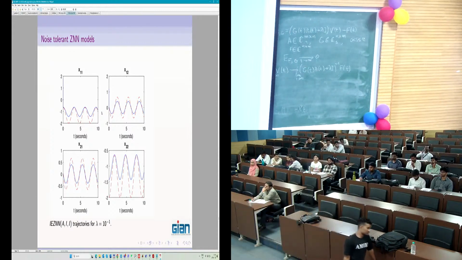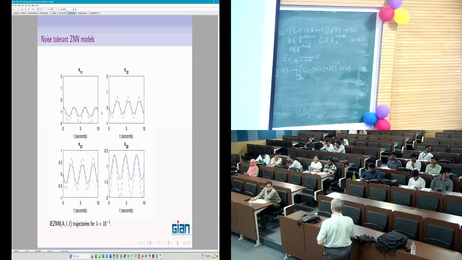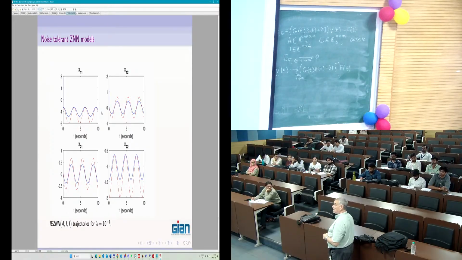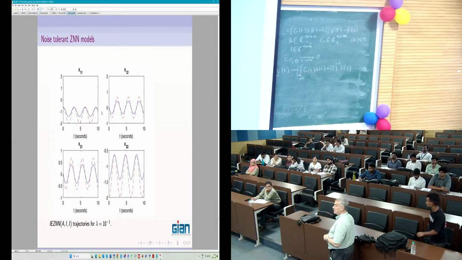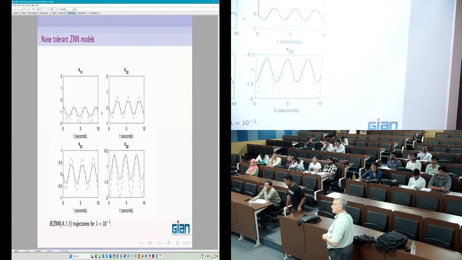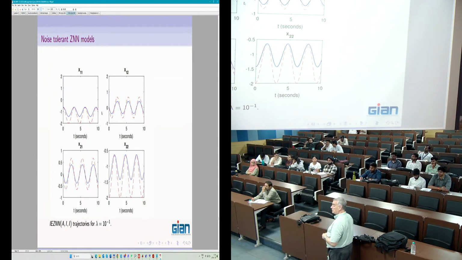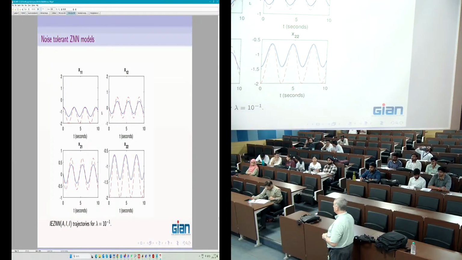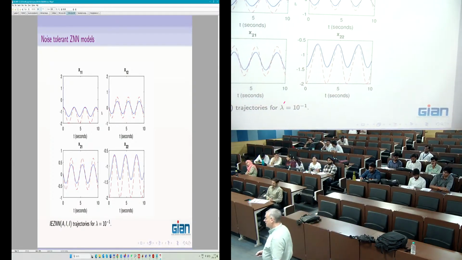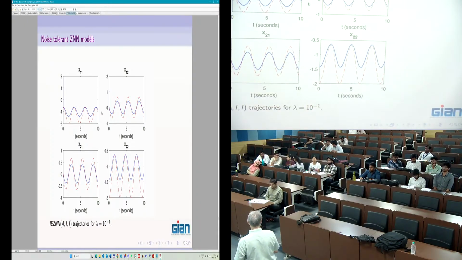In our discussion, you were interested in the regularization parameter lambda. Many times I said that lambda should be as small as possible. Here is one relatively big value for lambda, 0.9, and we can see that the red dashed lines are not a good approximation of the solid blue lines, which means that lambda equal to 10 power minus 1 is not appropriate.